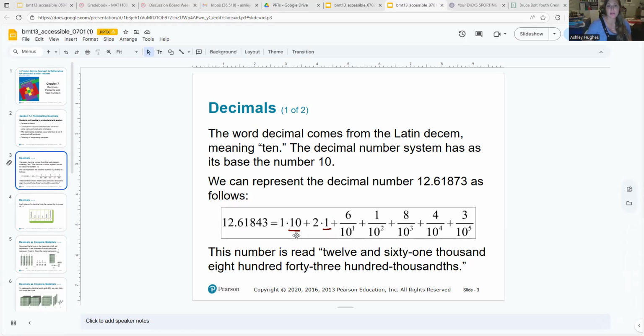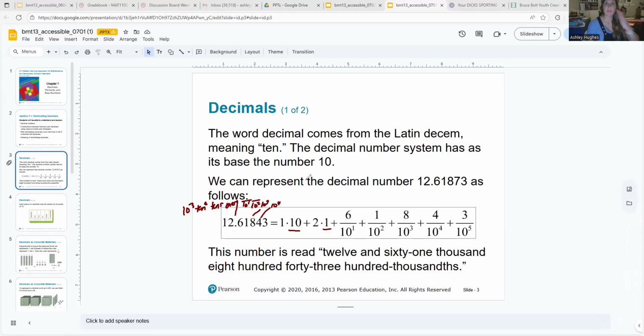So if you're going this way from the decimal, this would be ones, and then tens, and then 10 squared, 10 cubed, etc. Where over here, it's 10 to the first in the denominator, and then over 10 squared, and then over 10 cubed, and then over 10 to the fourth.